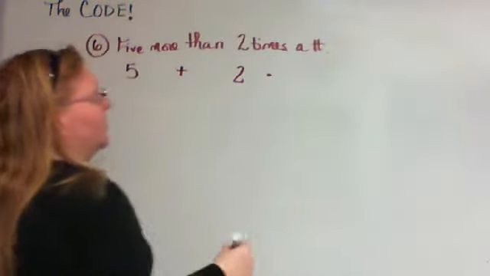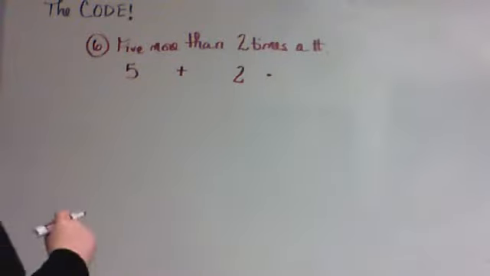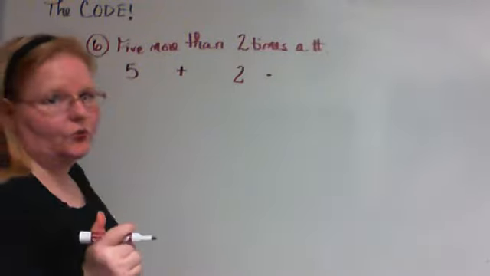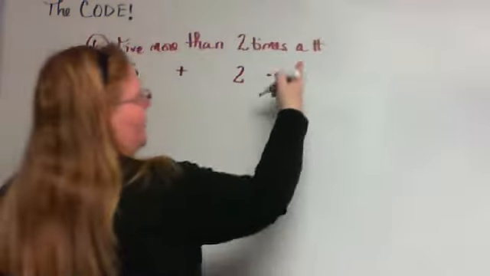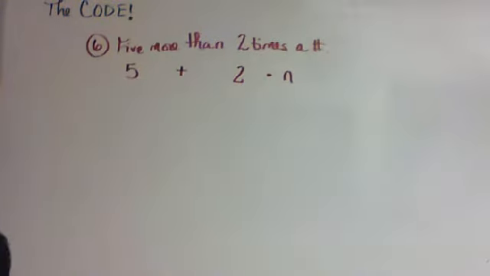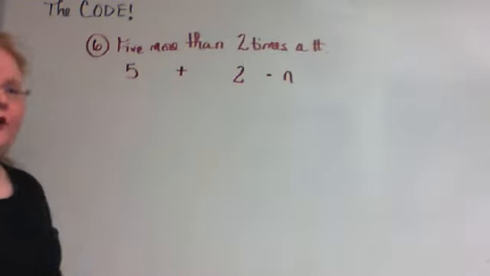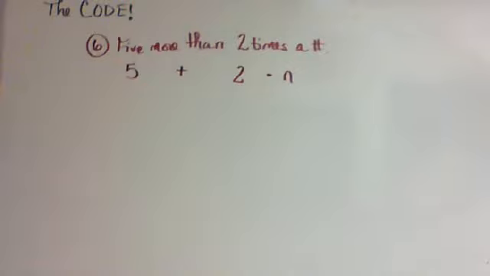And then a number, we don't know what the number is unless they specifically told us what to use. And they did not. So since they didn't tell you what to use, you can pick whatever you want. Usually when we talk about a number, they pick an N, because number starts with N. You could pick an A if you want. You could pick an X, a Z, a Y, etc.